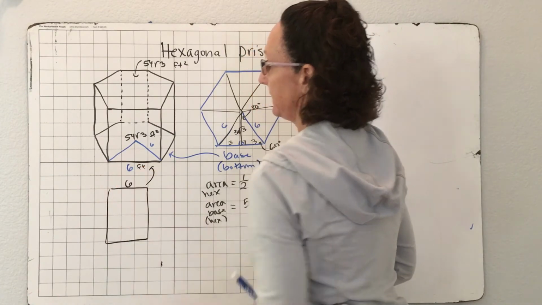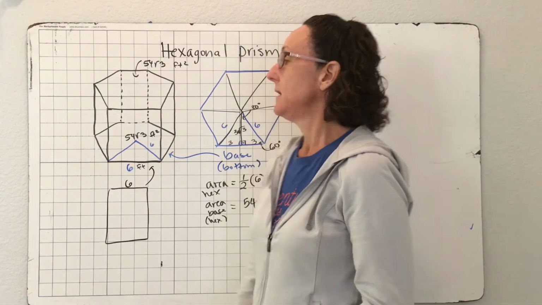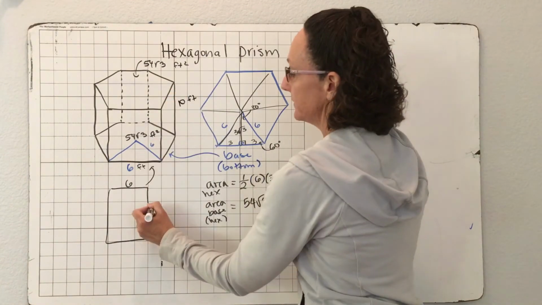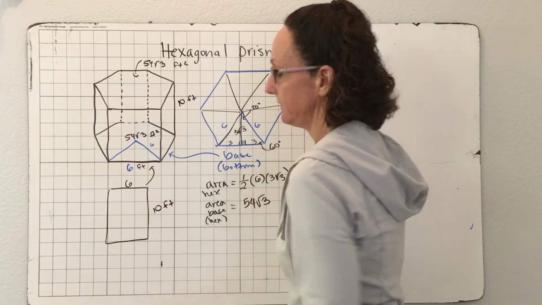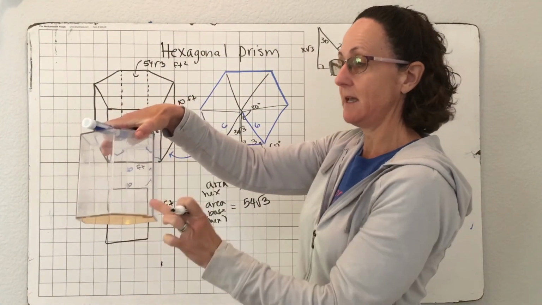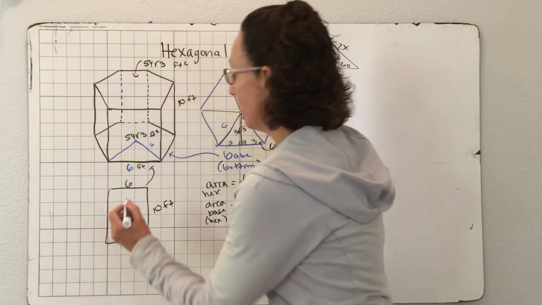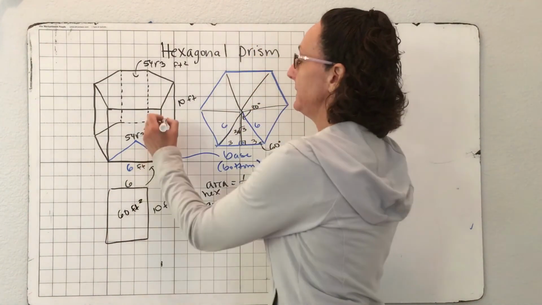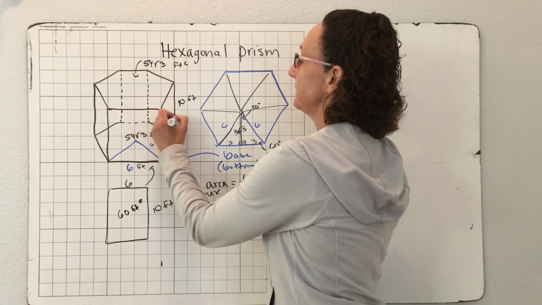It has to be the same as the base of the hexagon. And then I have to give you a height. Let's just call the height 10 feet. So this right here is 6 by 10. The area of one side is 60 feet squared.